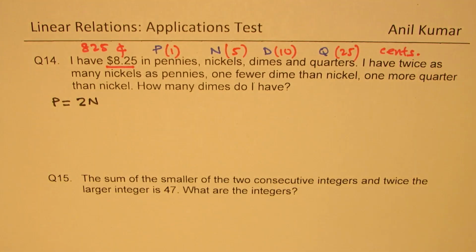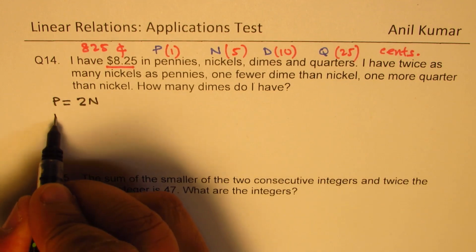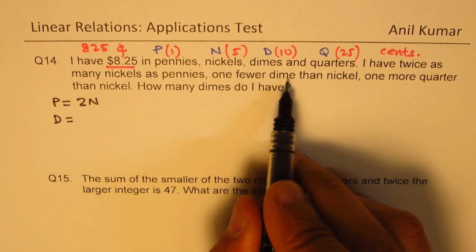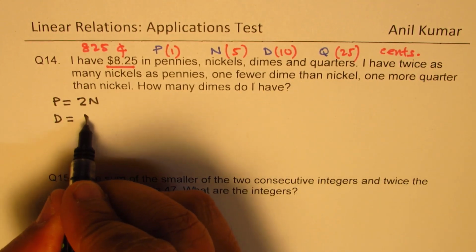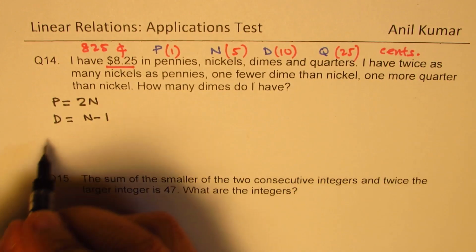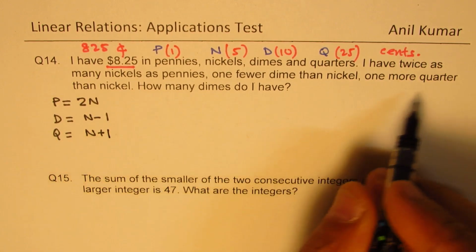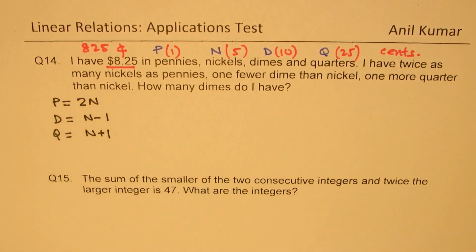That is how they are related. Is it okay? 1 fewer dime than nickel. So as far as dime is concerned, it is nickel minus 1. 1 more quarter. So as far as quarter is concerned, it is 1 more than nickel. So that is the money which I have in numbers.